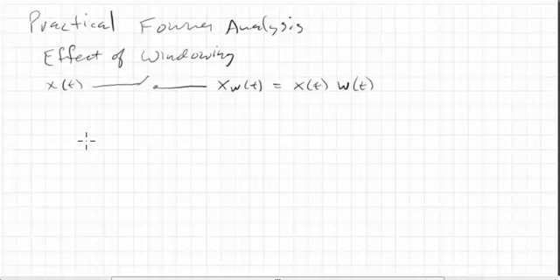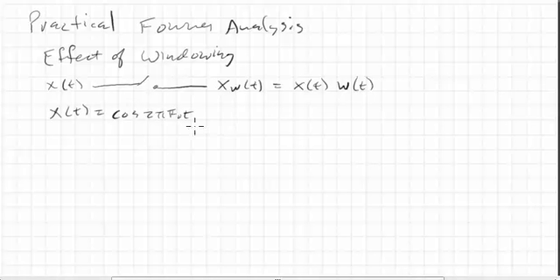Now let's work through a simple example, but an important case, where x(t) is a sinusoid. This is important because many times we're trying to identify the presence of sinusoids in a signal, and sometimes there's a lot of noise and we just want to find out if it's there and what its frequency is. This is a periodic signal, so it has a Fourier series.